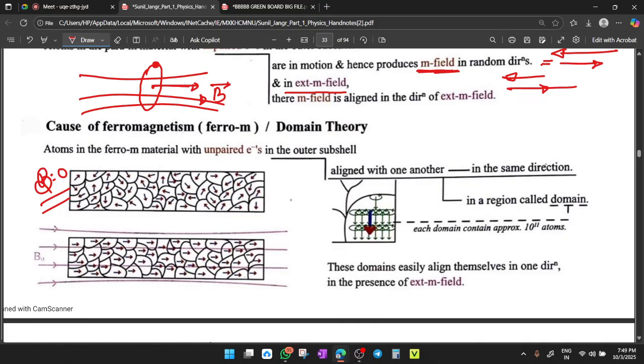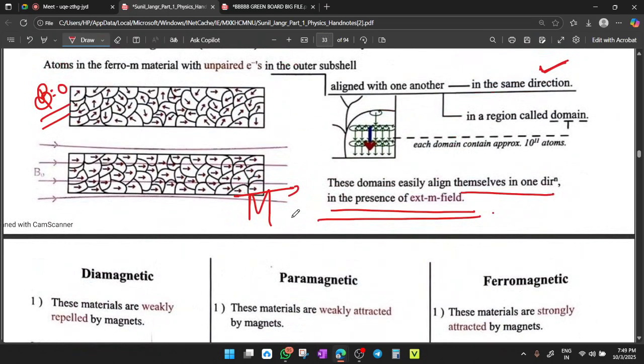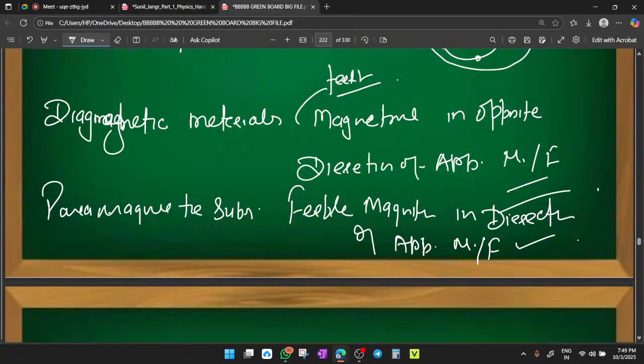They generate a higher magnetic moment, capital M, in the direction of the applied magnetic field. These domains easily align themselves in one direction in the presence of an external magnetic field.